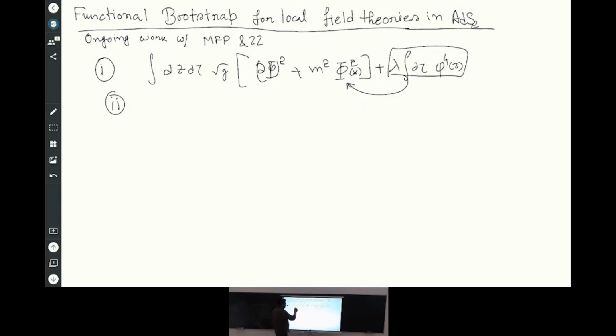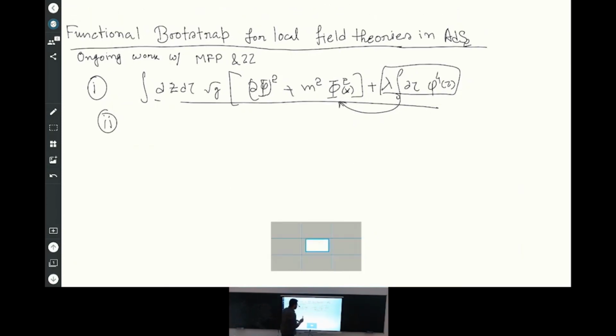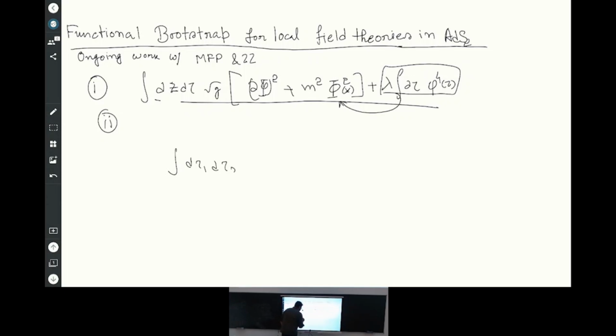To see this model, what we need to observe is that if we integrate out this direction z, then this particular action, on the boundary, looks exactly like the non-local action.